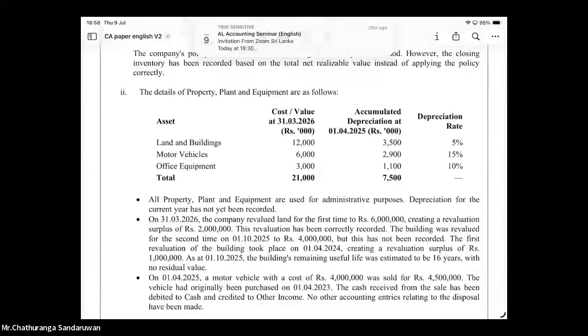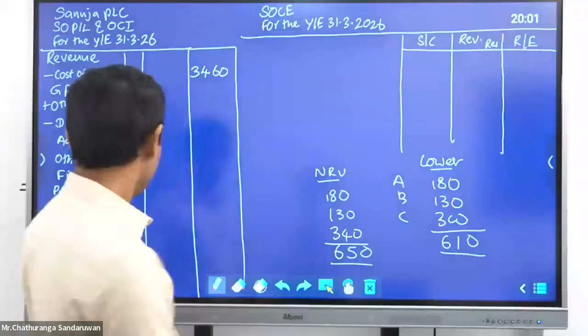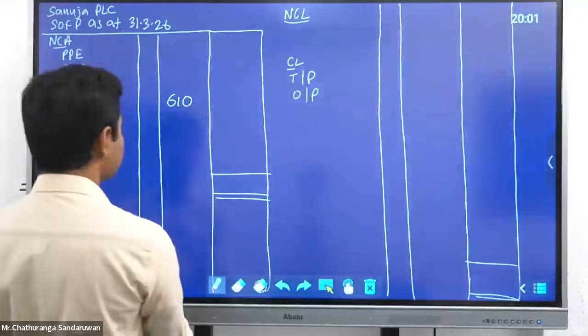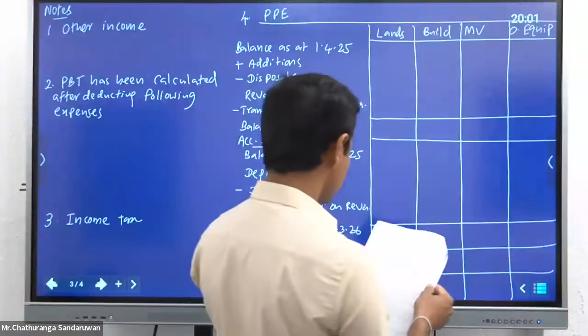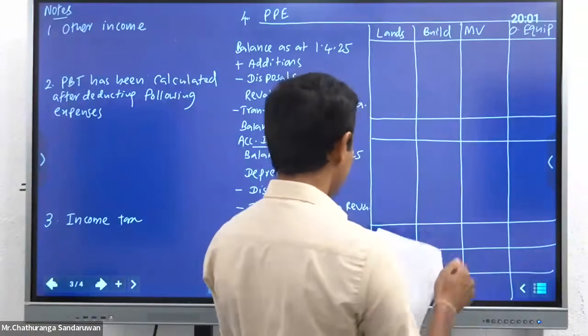But if you look at the accumulated depreciation line, that's at the beginning date. So we can take those balances. Let's take those balances. PPE note, the beginning balance of accumulated depreciation, buildings 3500.